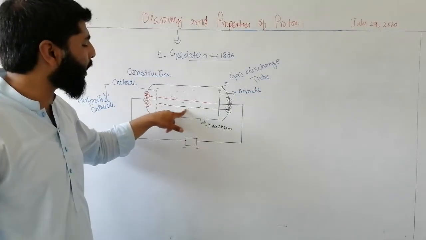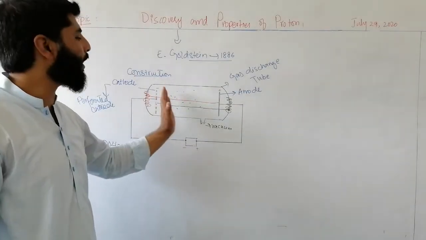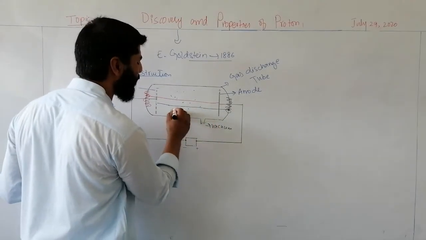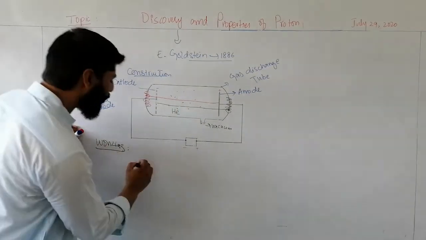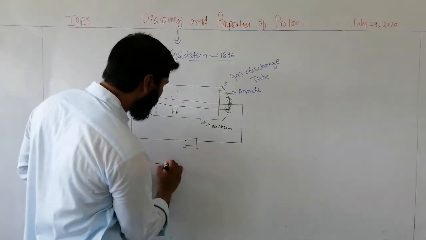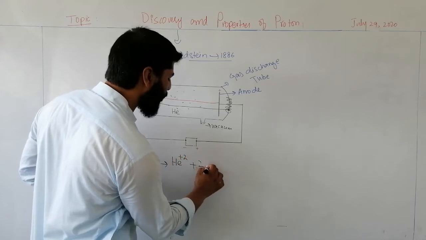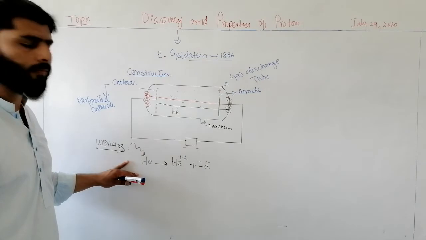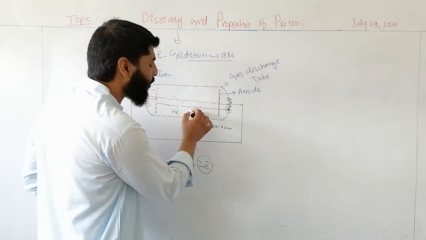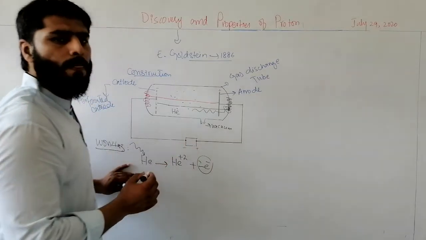So when cathode rays passed through the gas inside the discharge tube, they ionized the gas. For example, if we have a gas like helium, when cathode rays passed through the helium gas, they knocked out the electrons and converted the helium into He+2 with the emission of 2 electrons. These electrons, along with the cathode rays, traveled towards the anode and produced this glow.